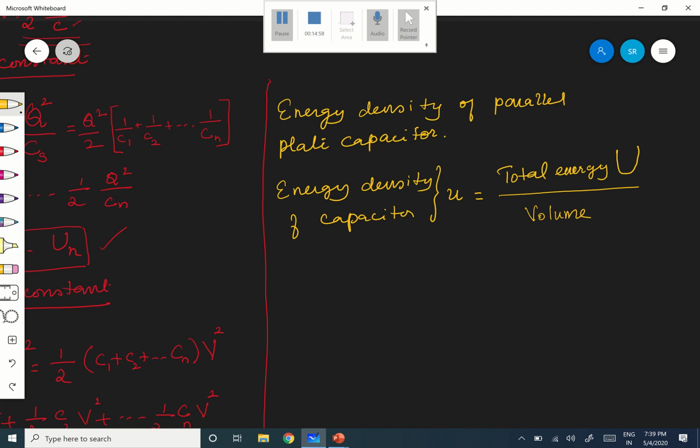That is, what is the volume between the two plates? Okay, that is V.